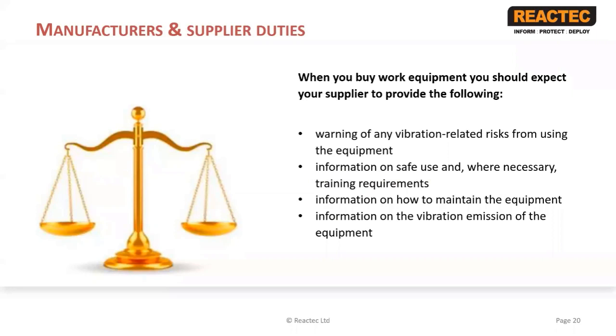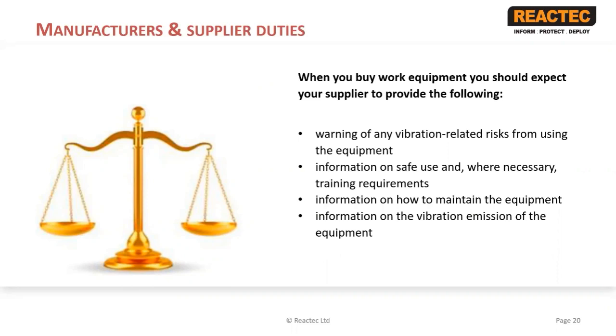One final area of law to be aware of is that in buying work equipment or tools which may emit vibration, there are legal requirements on the suppliers of that equipment. So first of all, they should give you a warning that the tool or equipment is indeed capable of emitting vibration levels which may be risky.